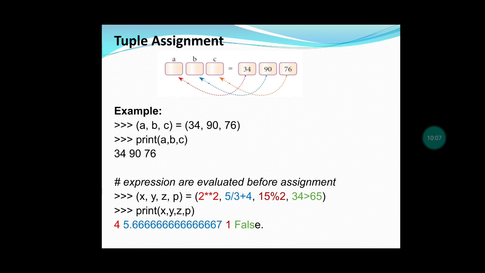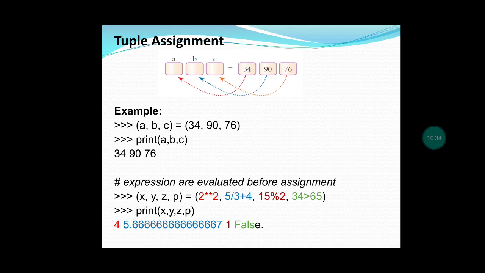Next, the expression given is 5/3 plus 4. So the expression is evaluated and we are getting the answer as 5.666. So the output will be like this. And the next expression given is 15 modulus 2. So the remainder of 15 divided by 2 is 1, so 1 will be printed.